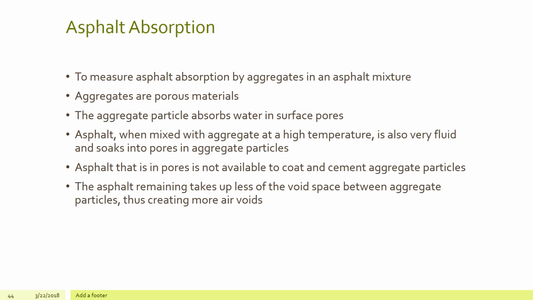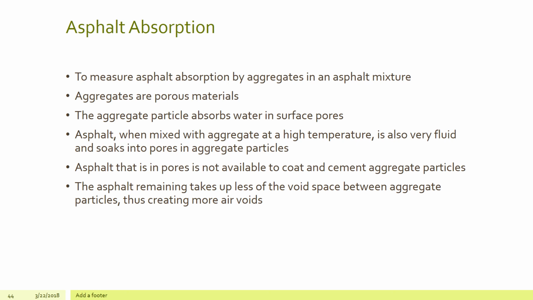Asphalt absorption. To measure asphalt absorption by aggregates in an asphalt mixture, we have to remember aggregate is very porous, so this liquidy material is going to also want to get into those pores and suck into the aggregate. Aggregate particles absorb water in the surface pores.